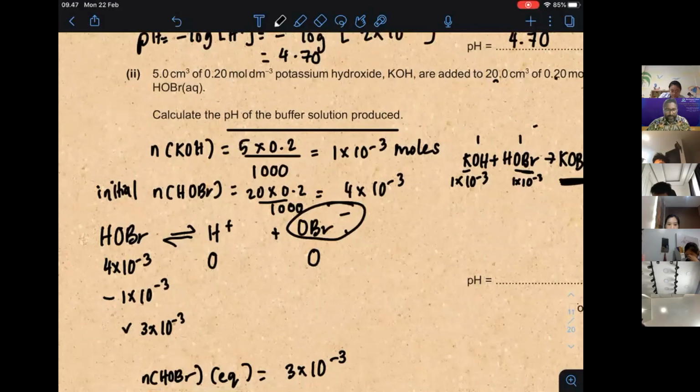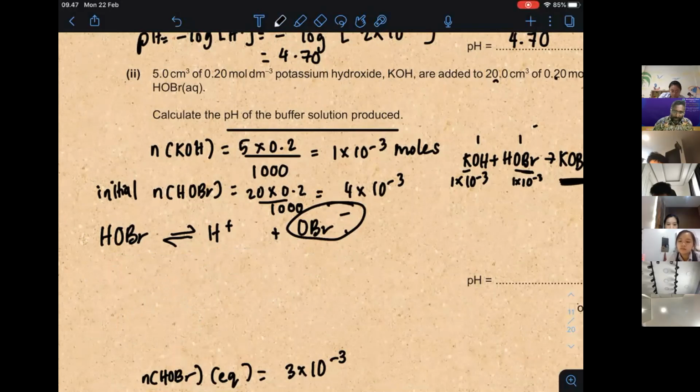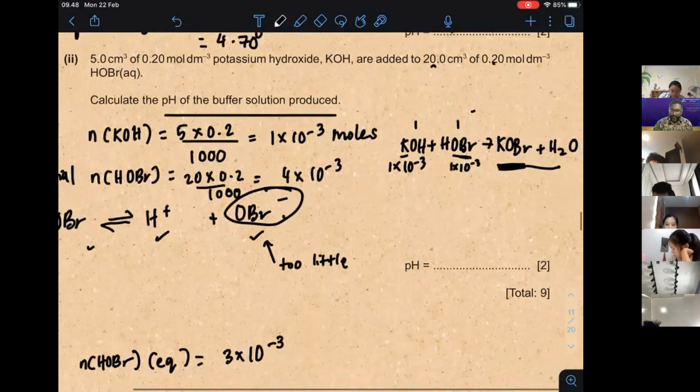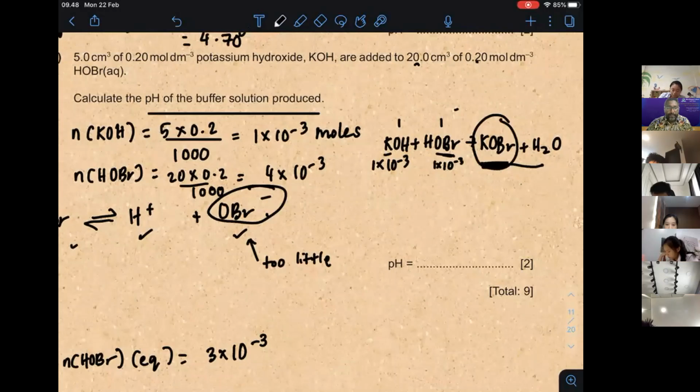We don't even need to use the ICE here, because for a buffer, even though we know they will dissolve to give you this and this, the amount you get is too little. Most of the OBr minus is coming from here, so it's going to be 1 times 10 to the -3.